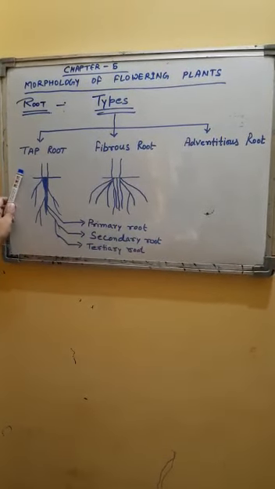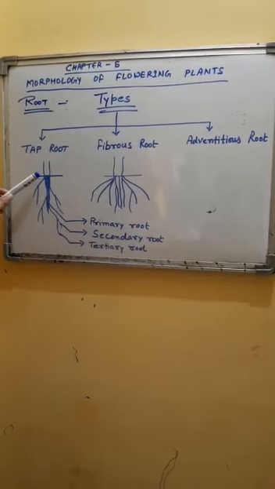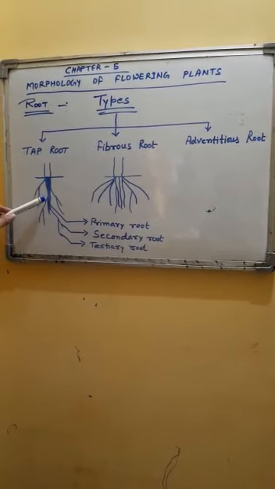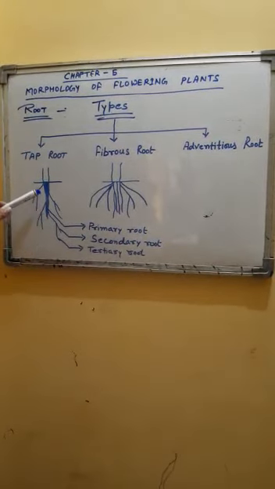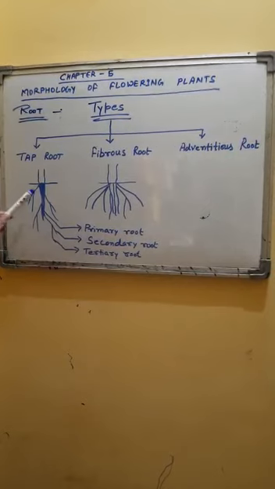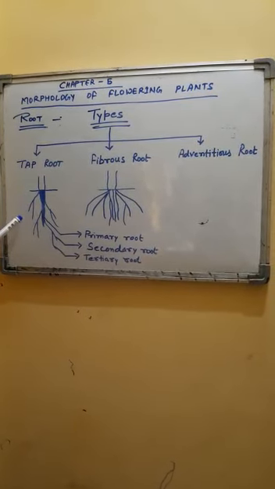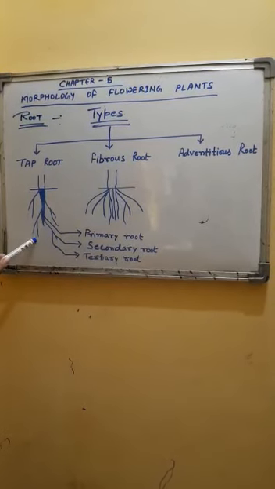Here the radicle develops as the primary root. You can see over here the radicle grows down as a main primary root. The primary root gives rise to numerous secondary roots as branches, and from branches tertiary roots may arise.